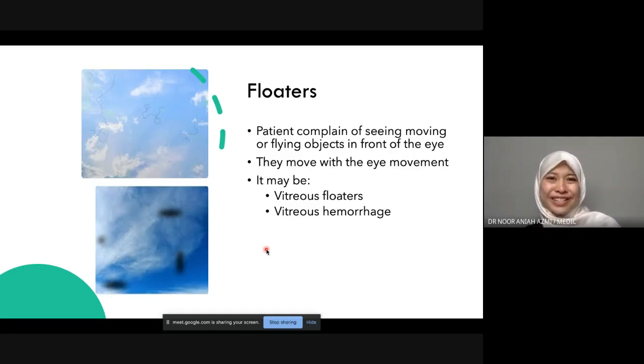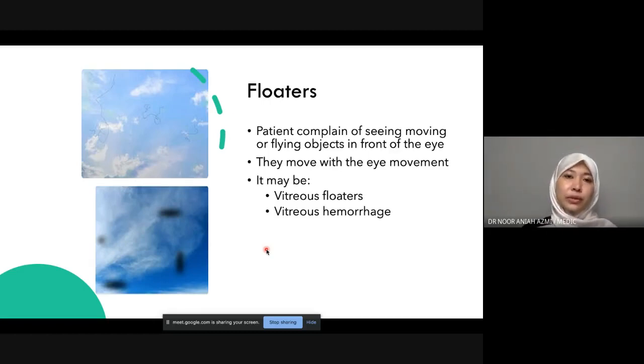I started to have this symptom, and you want to help them. So if anybody complains of floaters, especially a recent onset, within days, please tell them to go and see an eye doctor, okay? Because this is another alarming symptom for patients.